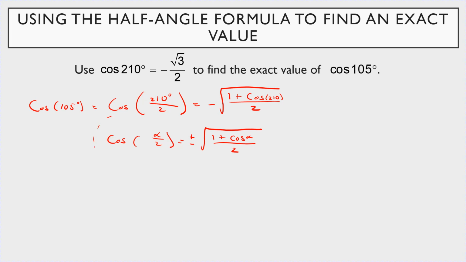Okay, so why do we care about that? Well, look, I know what cosine of 210 is. Boom, it's right here. It's negative square root of 3 over 2. So instead of plus, it's going to be minus the square root of 3 over 2, divided by 2. So you just have to clean this up, right? So I'm going to write 1 as 2 over 2.